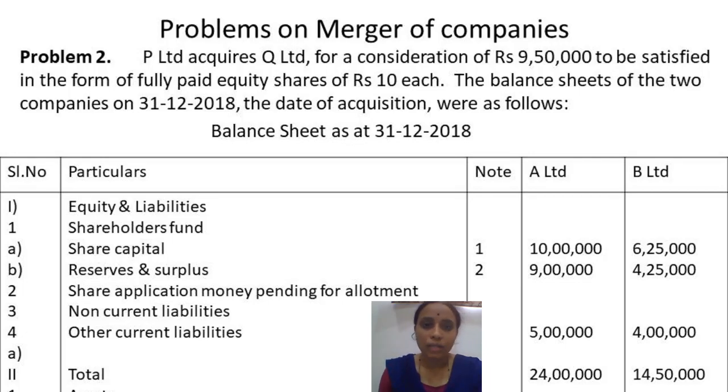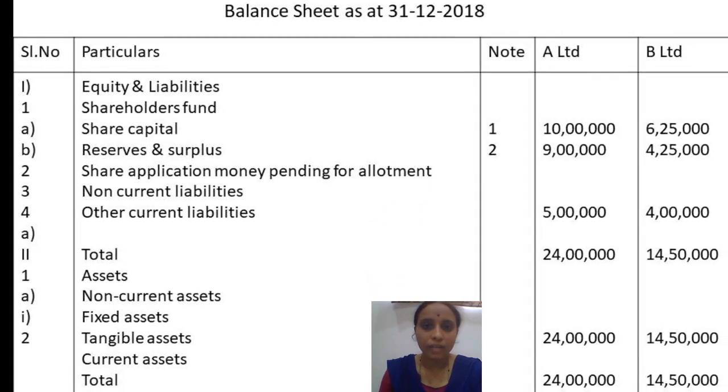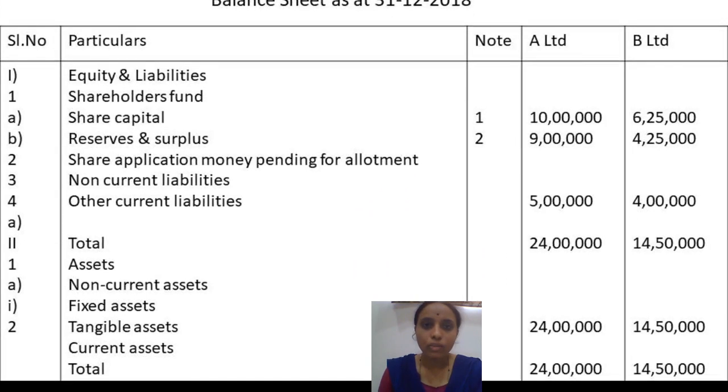So the liabilities of A and B Limited as on 31st 12 2018, the share capital is given, that is 10 lakh, 6 lakh 25,000 of A and B Limited respectively. Reserves are there. We have the current liabilities and also the assets.